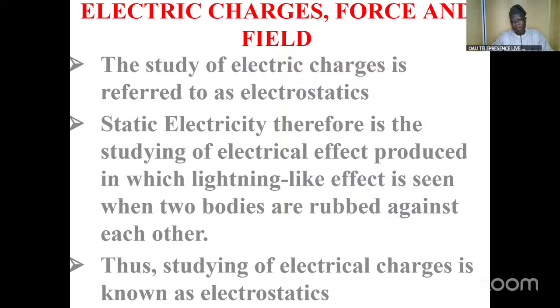Now, take note of that again. That is when we are considering static electricity. We are studying the electrical effect produced when a lightning-strike effect is observed when you bring two bodies together and rub them against each other.